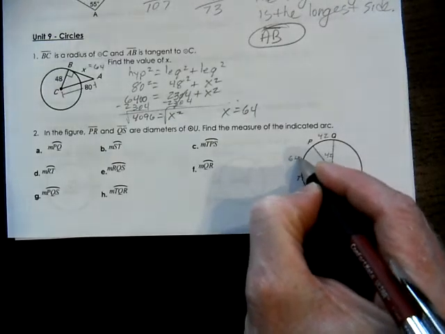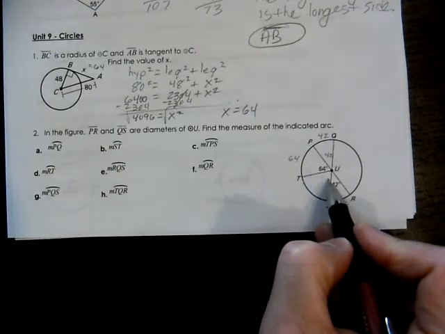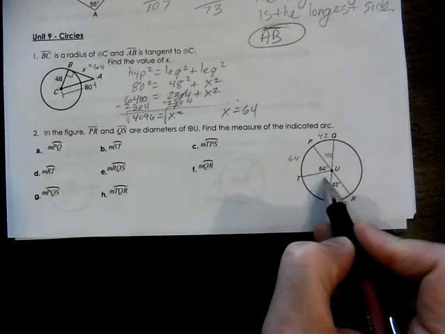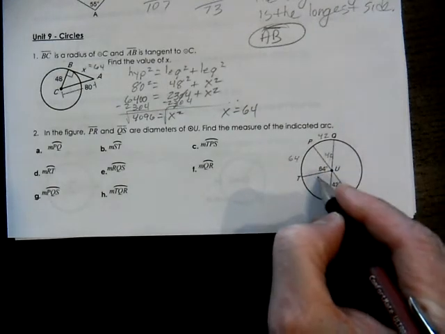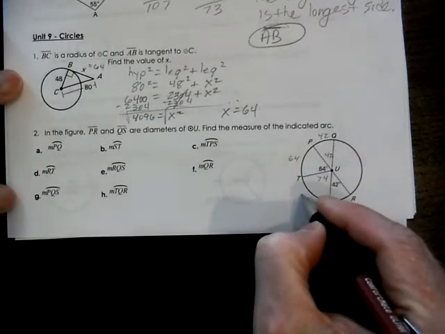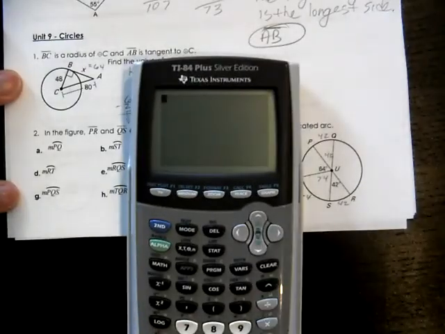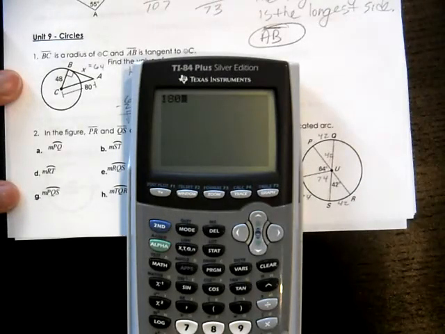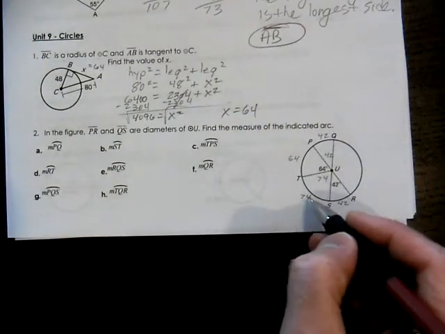This arc will be 64. These three angles are going to add up to 180. So that's 106, so this is going to be 74. We can verify that with mental math. We know it's 180, and we're going to minus the 64 and minus the 42. We got 74. So that worked out well.